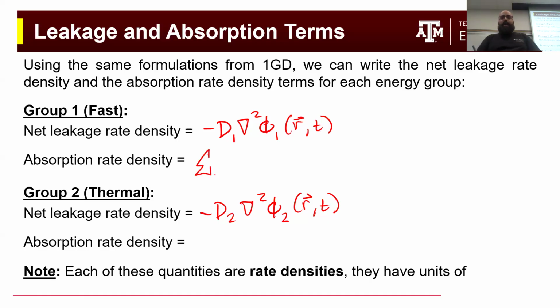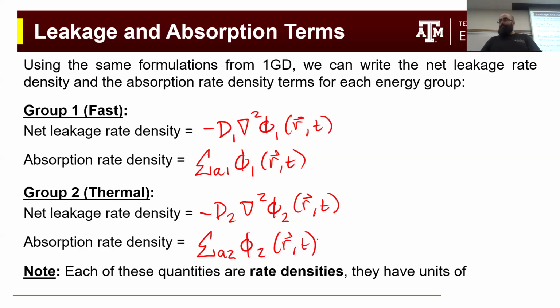So I'm going to say sigma A for group 1 times the scalar flux for group 1, and that would be my absorption rate density for my fast neutrons. And then I would have a similar term for my thermal neutrons, with subscripts 2. So this would be sigma A for group 2 times the scalar flux for group 2, and that flux varies with position and time. So those are what my absorption and my leakage terms are going to look like.